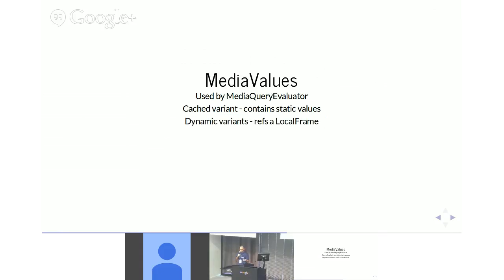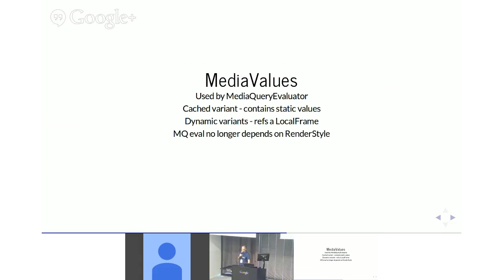And it also has a dynamic variant which references a local frame and keeps the values fresh, and that's good for long-lived media query evaluators where you resize the browser. Browser resizes, etc. All environmental changes are reflected inside the media query evaluator.